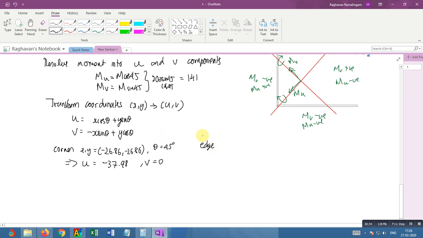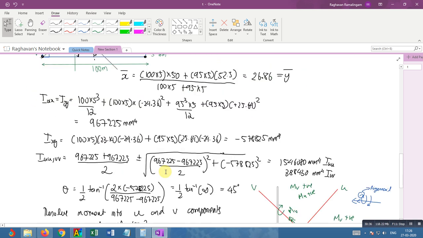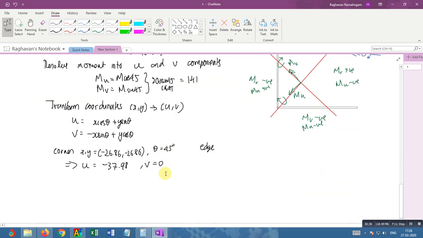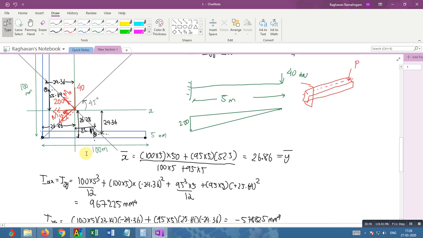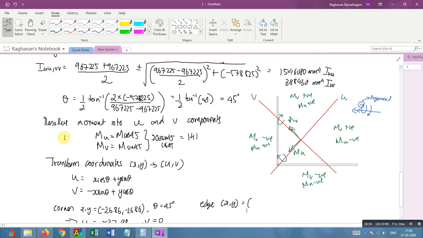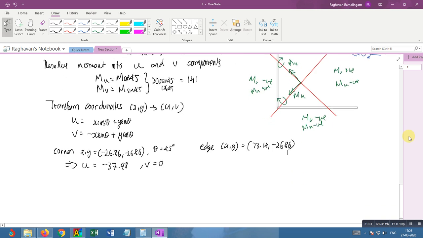Let me say that I also want it for the edge. That edge corresponds to an x comma y of: x is 100 minus 26.86, which is 73.14, and y is minus 26.86, with theta 45 as usual.